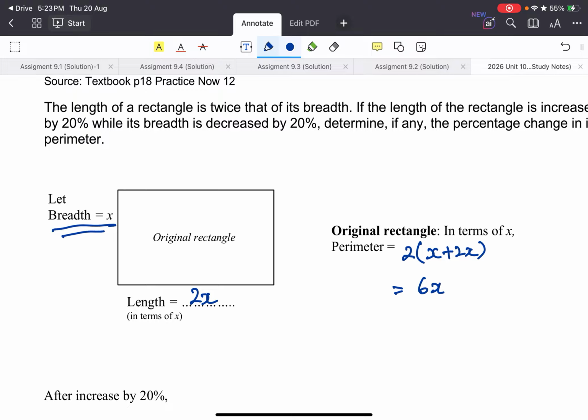Now the question is, if the length of the rectangle is increased by 20%, while the breadth is decreased by 20%, let's see if there is any change in the perimeter. So let's try it out.